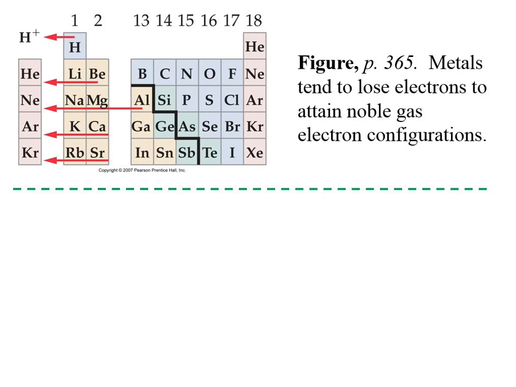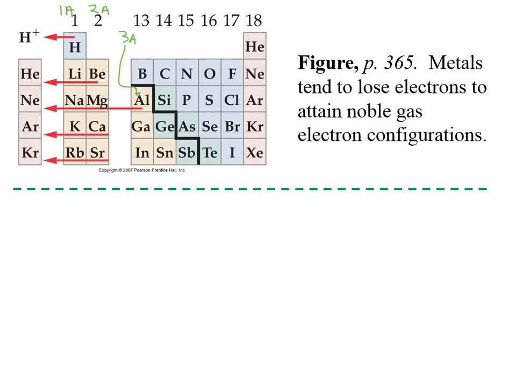Didn't we already talk about lithium being group 1A? Starting with beryllium, that's 2A. Starting with aluminum, I'll just talk about the metals, that's 3A. 1, 2, and 3.